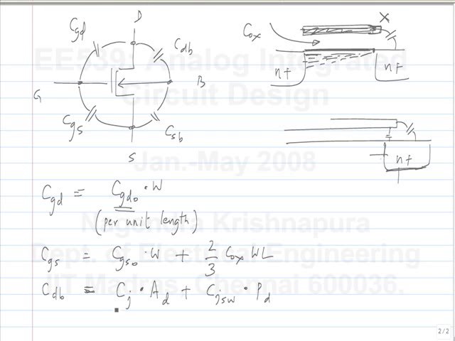Now, this is dependent on layout. Now, if you can assume some layout and then calculate this, and that's what you do when you don't have any further information. But when you actually do the layout, the extractor will find out the exact area and put that into the netlist. Okay. And CSB is similar. It's exactly this. It's the area of the source plus the capacitance per unit length times perimeter of the source.